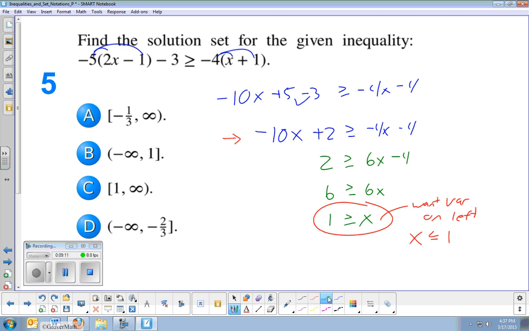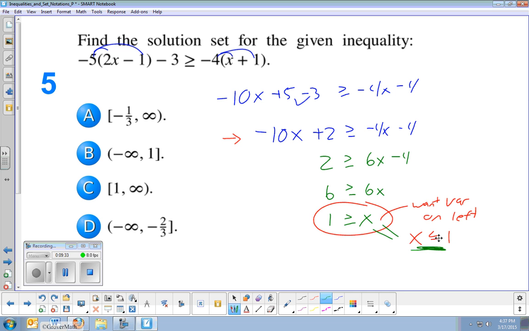And if you think about it, this really is the same thing, because notice that the arrow is still pointing to x. Instead of saying 1 is greater than x, well, that's implying that x is less than 1. Like if we were to pick a number here, like 0, 1 is greater than 0, well, it's the same thing as 0 is less than 1, right? But it's just a little bit easier, I think, when the variable's on the left side.